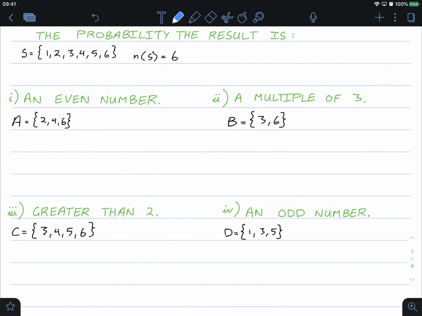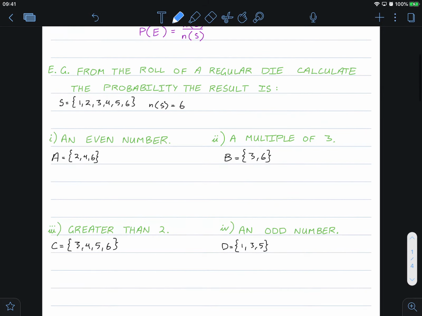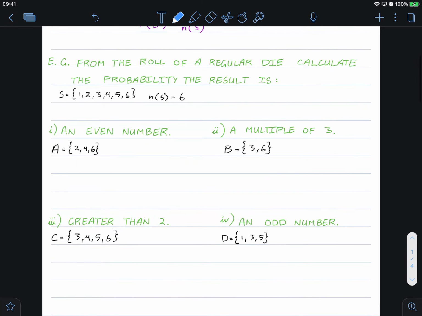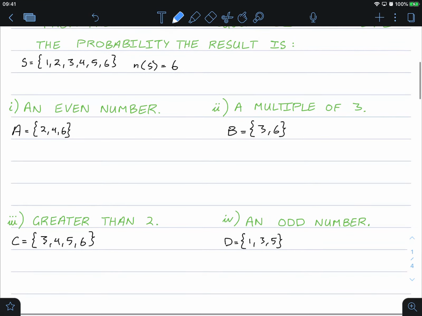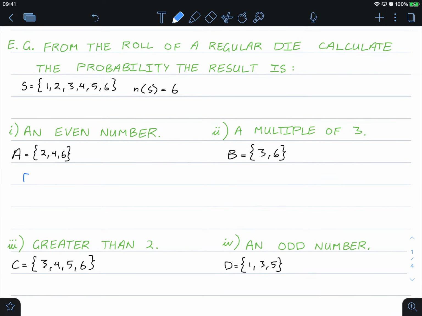Now, what I've shown you in black, you don't always have to do. You can just do this in your mind, but you'll see later on, this process will make it a lot easier for slightly harder questions. So for an even number, the probability of A, or you can write this as probability of even, is equal to the number in the event, which is 3, divided by the total number of outcomes, which is 6.